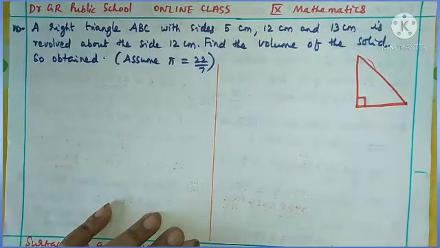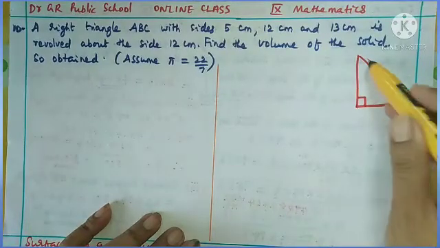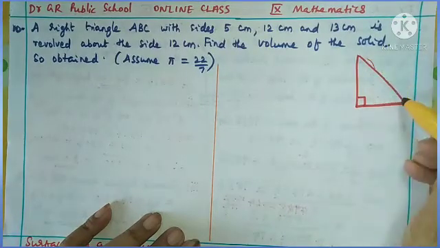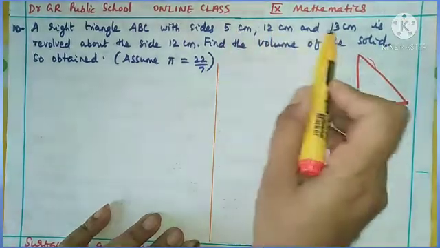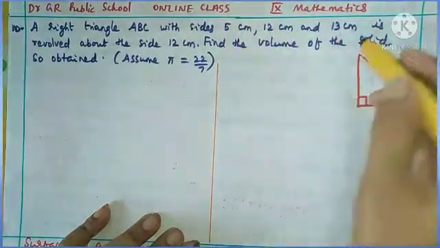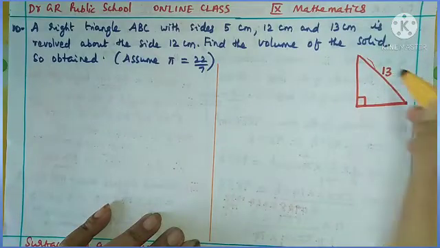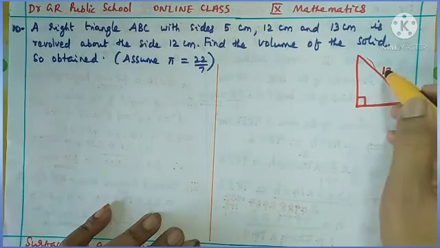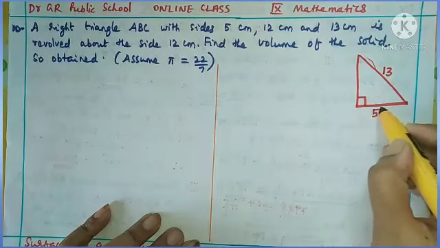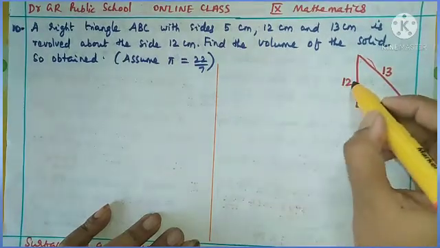From these three sides, the biggest number is 13. So 13 is the hypotenuse, 5 centimeter here, 12 centimeter here.